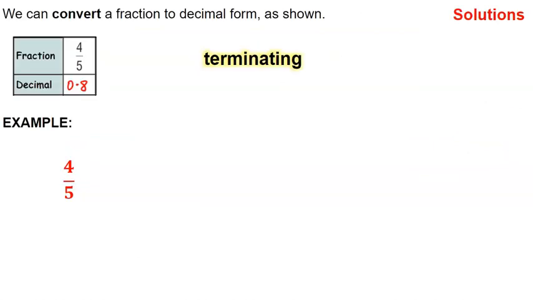Terminating decimals. The fraction 4/5 gives the terminating decimal 0.8. Using short division, what we're really asking is, does 5 fit into 4?